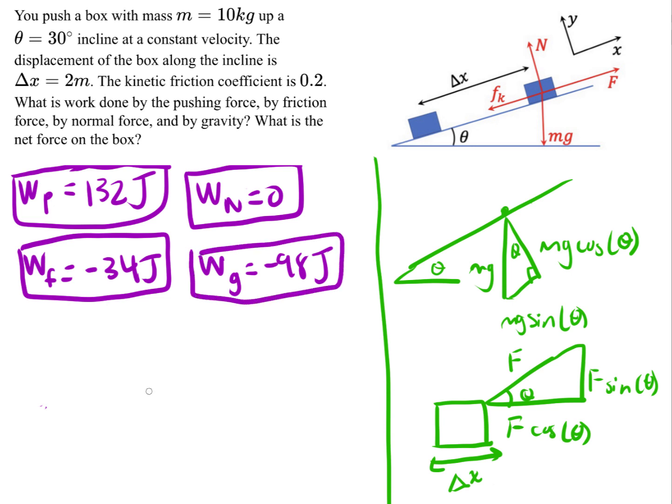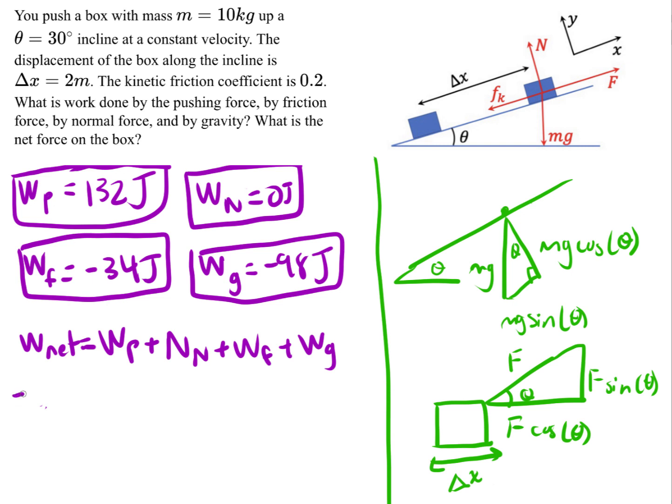Alright, so now we have solved for all of the work done by all of these forces here. So now we have to figure out the net force on the box. So the net force, or really the net work, is just the summation of all of this. So the net work is equal to the work done by the pushing force, plus the work done by the normal force, plus the work done by the friction force, plus the work done by gravity.